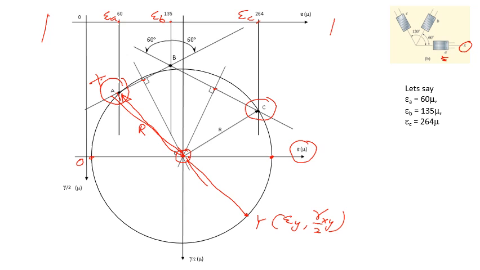So now we know that on the y plane, you have positive, and on the x plane, you have a negative shear strain, because the coordinate here will be strain x, gamma over 2 xy, and it is negative, right? It is above the origin. Below here it is positive.